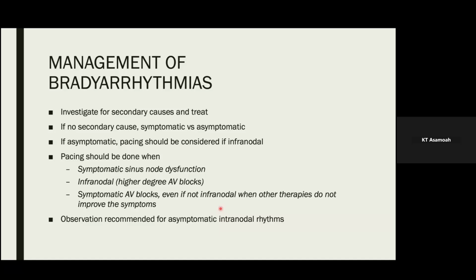You can even have a third degree AV block with a really prolonged PR interval, more than 300 milliseconds, which may be in close approximation with the T wave. That can mimic pacemaker syndrome, and so you may need to pace that patient because of the symptoms. But for intranodal rhythms that are asymptomatic, you just observe. If they're symptomatic, you go ahead and pace.